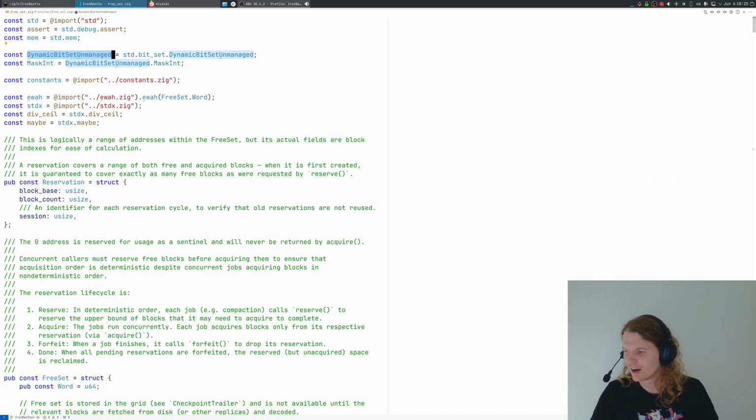It's probably fair to say that we, as TigerBeetle developers, actually misuse terminology a little bit.